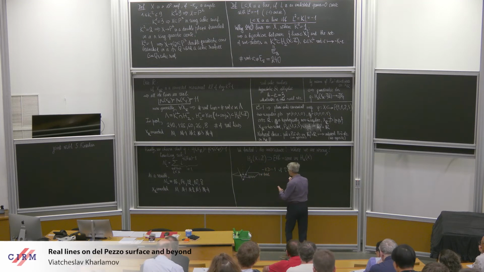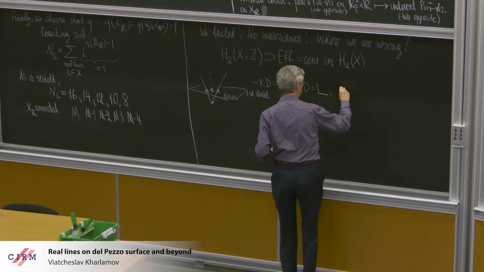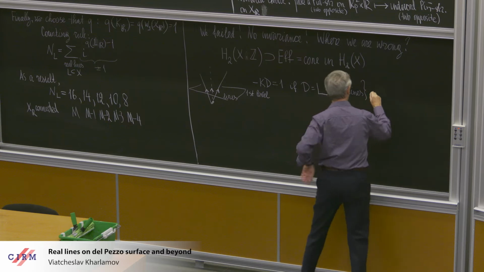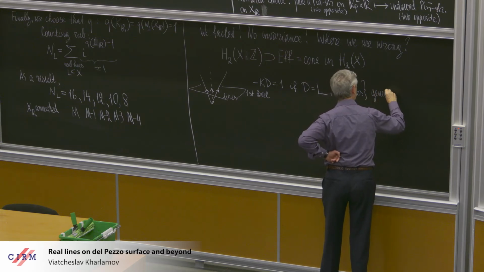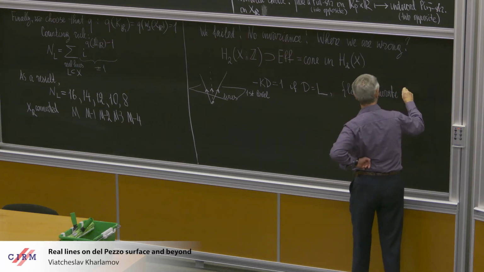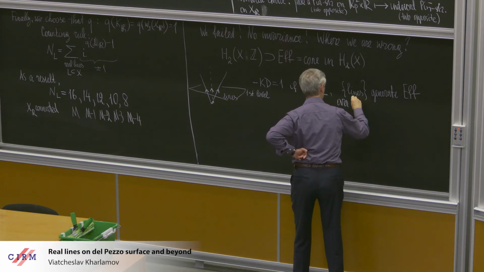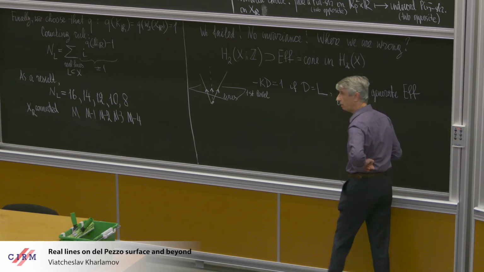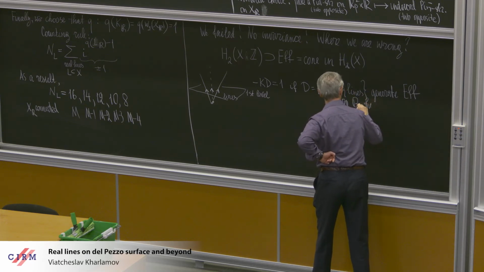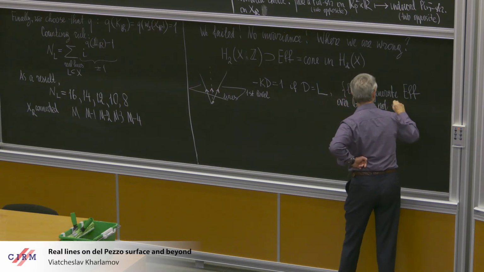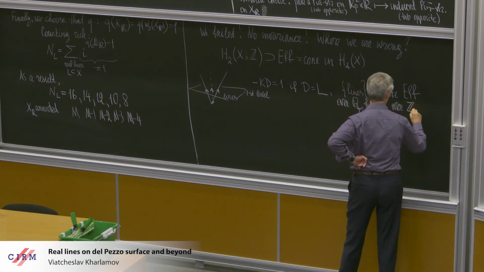So as I said already, but didn't write, the lines generate this cone over Q plus, but not over Z plus.